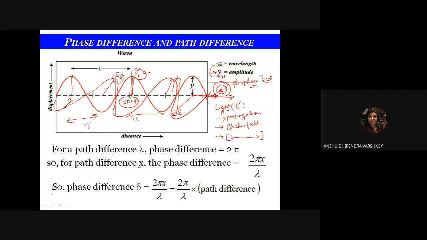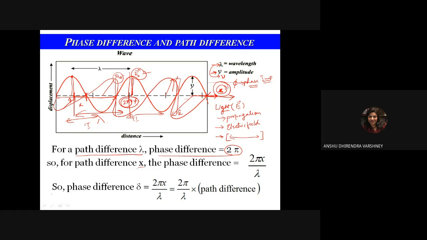The path traveled by a wave for a complete cycle is lambda, the wavelength. If it travels a path of lambda, the phase difference is 2 pi, just as at this point and this point the additional phase is 2 pi. What happens if the beam travels only a distance x?